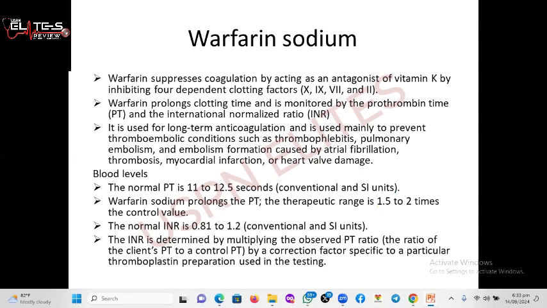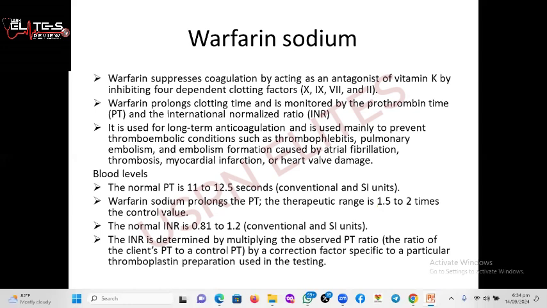Then quickly on warfarin. Warfarin's function is similar to that of heparin. Just that we have clients that you can give heparin to and those that you can't give warfarin to. Like I just said, if someone is pregnant and needs an anticoagulant, you can't give them warfarin, because warfarin is contraindicated in pregnancy.